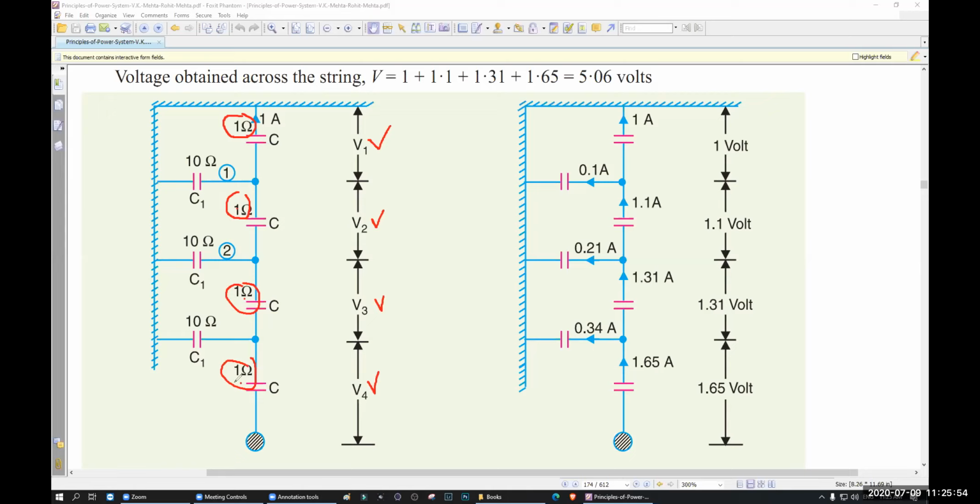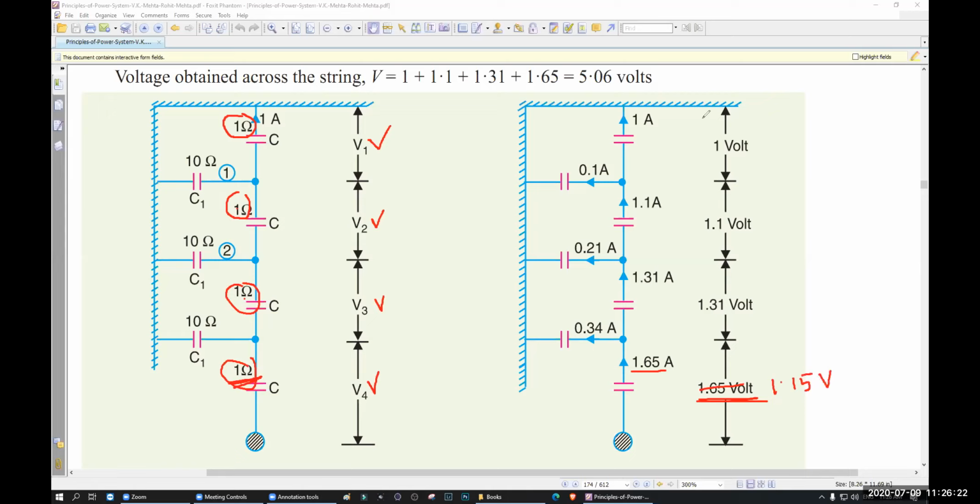Because here it was 1 ohm and the current was 1.65. If you multiply this, it becomes 1.65 volt. But if this is 0.7 and the current is 1.65, how much volt will you get? 0.7 into 1.65, you will get 1.15 volt.